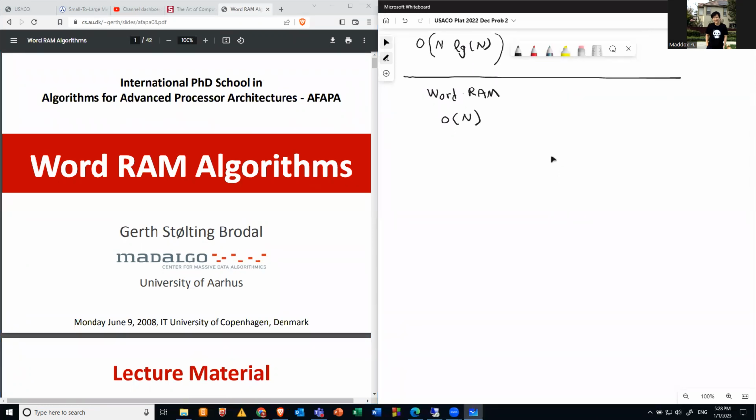So the word RAM algorithm is like this, right? If we have a tree, an example of word RAM algorithm, if I have a binary tree and I want to find the LCA, we all know LCA can be done in log n complexity. The question is, can LCA be done in O of 1?